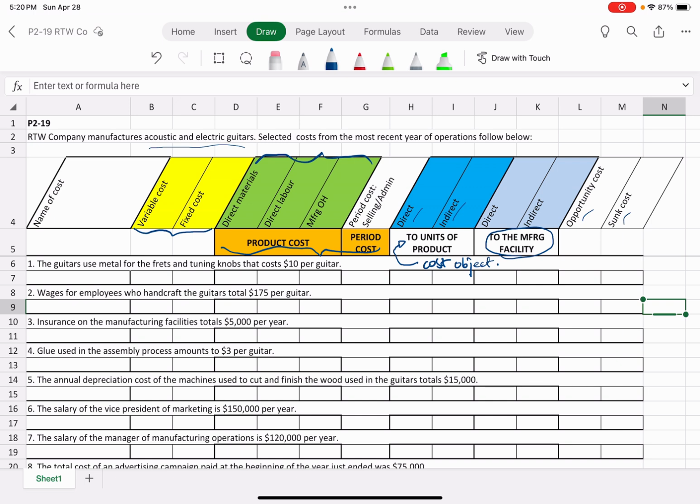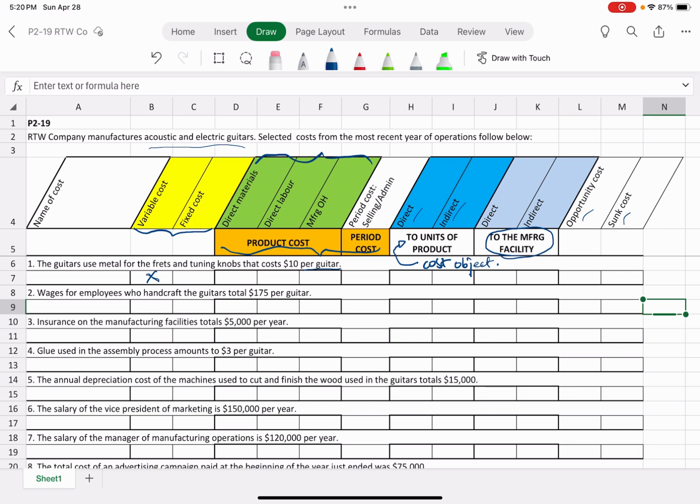Okay, so let's look at the very first one. The guitars use metal for the frets and tuning knobs that cost $10 per guitar. So when you see per guitar, that's obviously a variable cost. It's not fixed because it depends on the number of guitars that are made.